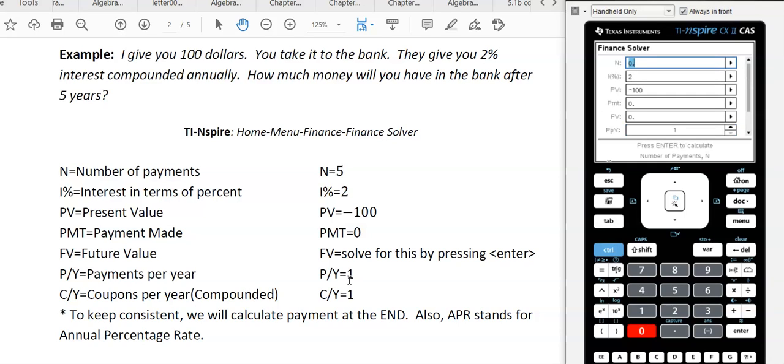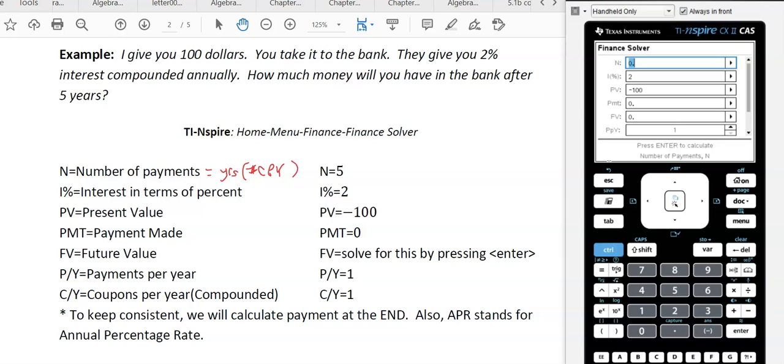So N is probably the sneakiest one. It's number of payments. So I think of this as number of payments, which is basically like your CPY, like your number of years times how often you compounded. So your CPY, basically, whatever you wrote for CPY.